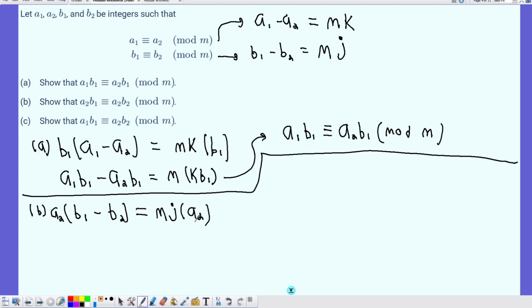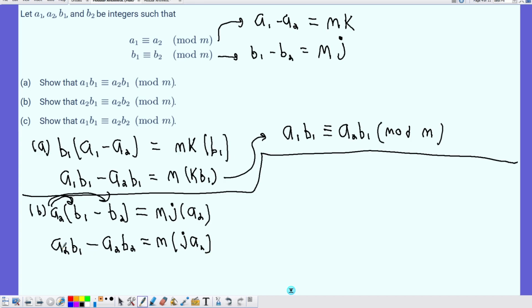And what that becomes is we distribute the A2 and get B1 times A2, or I guess I should write it in the same form that our problem's asking, A2 times B1 minus A2 times B2 is equal to M. I'm just using the associative property of multiplication to rewrite the parentheses so that we have J times A2.